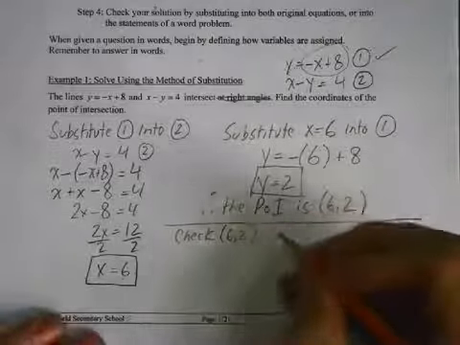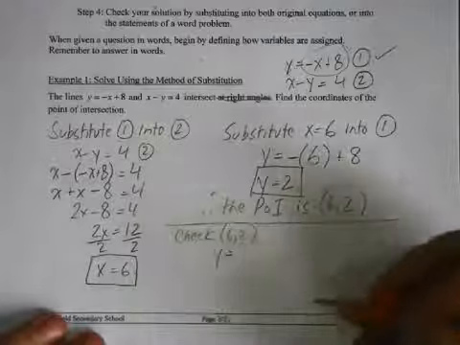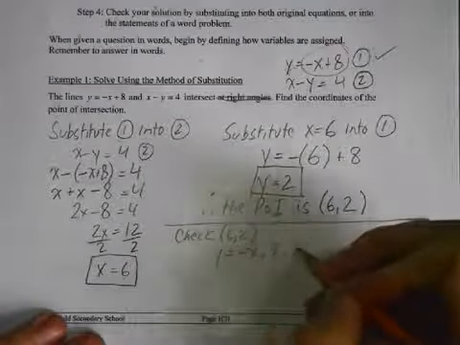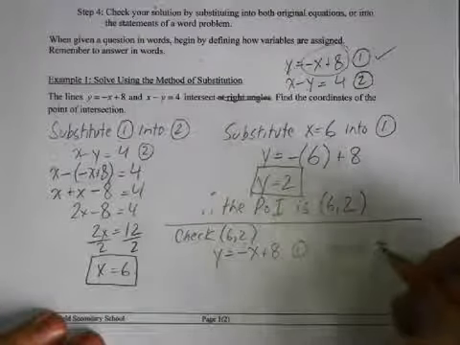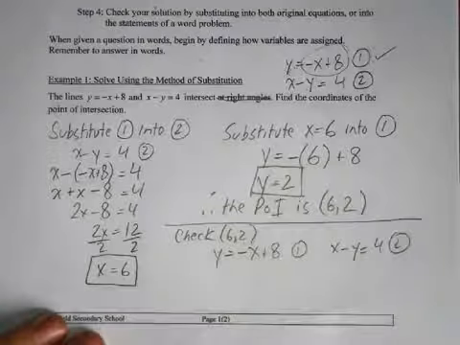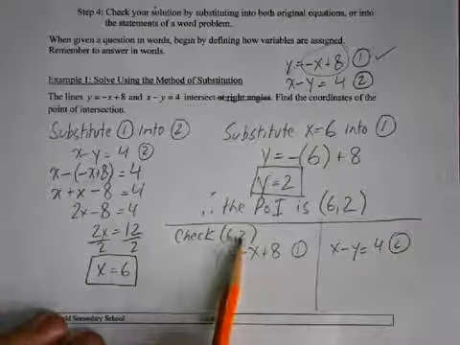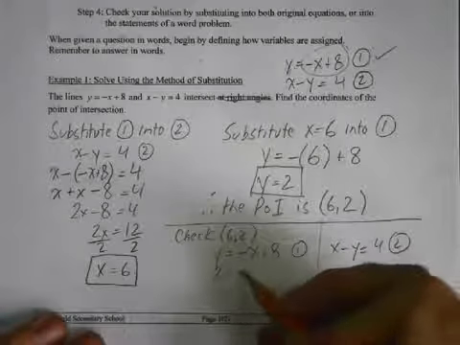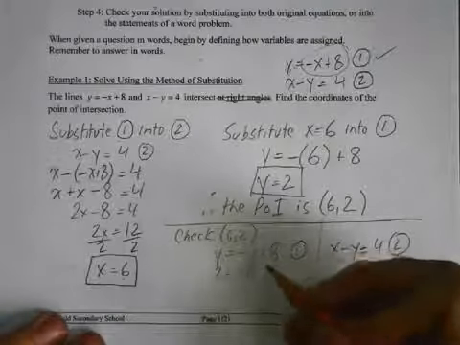Okay, so the way we do that, I'm going to do equation 1 here and equation 2 here. So y equals negative x plus 8, and then over here x minus y equals 4. Okay, so now I'm just going to plug in, that's the x value, that's the y, so I'm just replacing y with 2 and x with 6, so it's negative x, so it's negative 6.